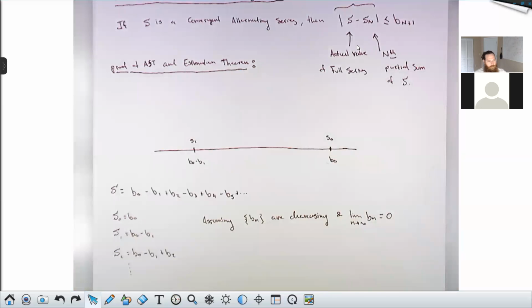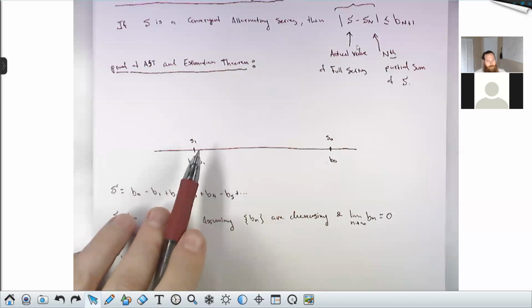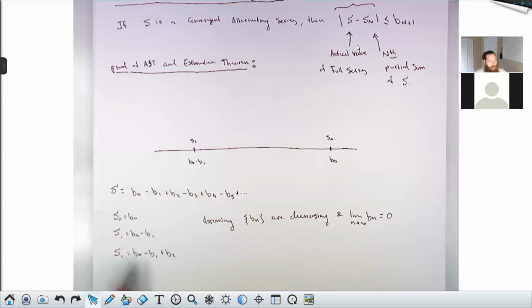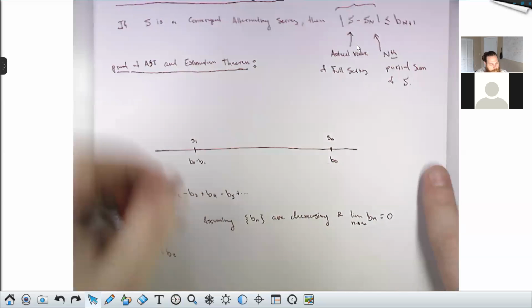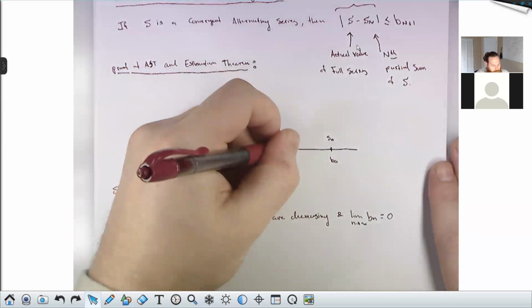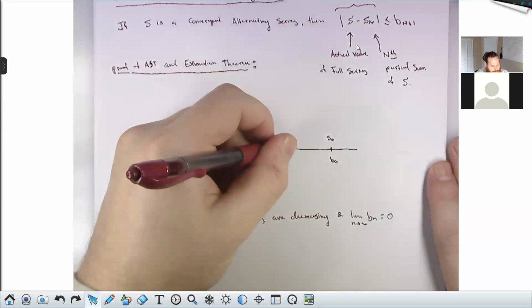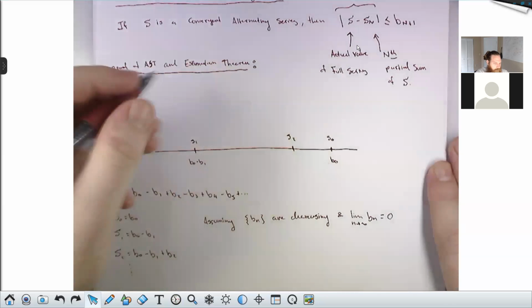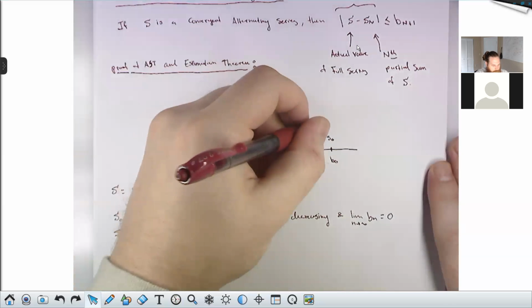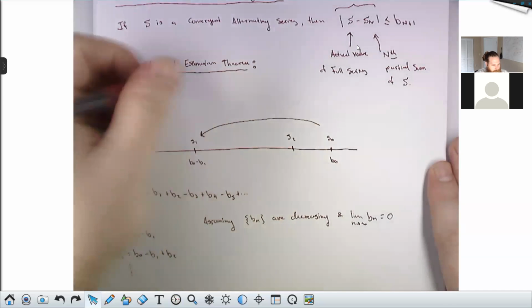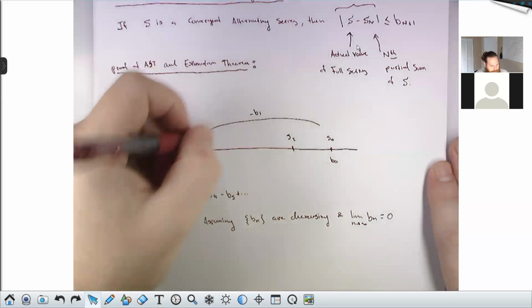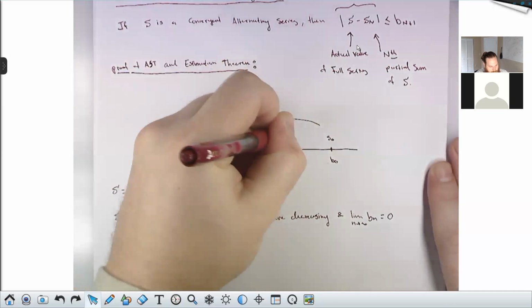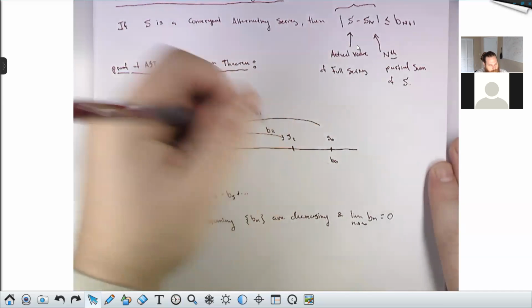What that means is that when I go from S1 to S2, I'm going to be adding B2, right? That's the difference between S1 and S2. S2 is the same as S1, just plus B2. So I'll be going to the right over here, B2 units. So to go from S0 to S1, we subtracted B1. From S1 to S2, we're adding B2.